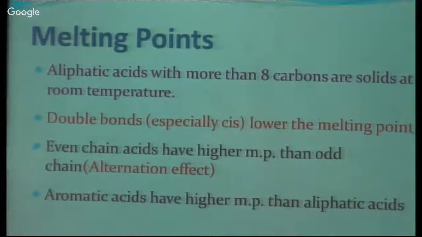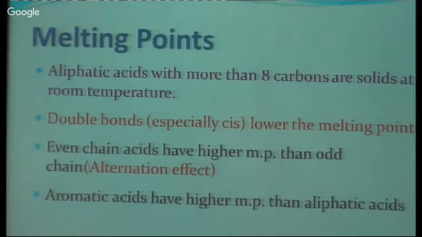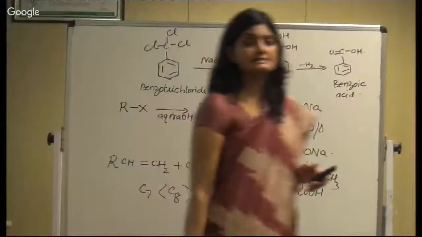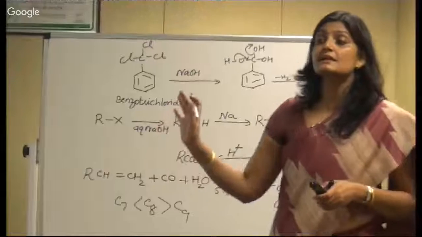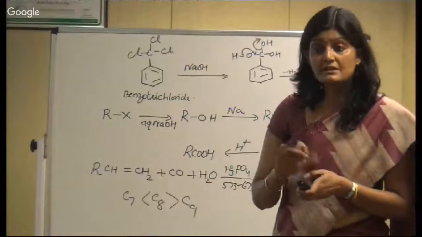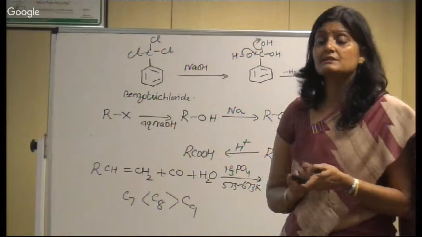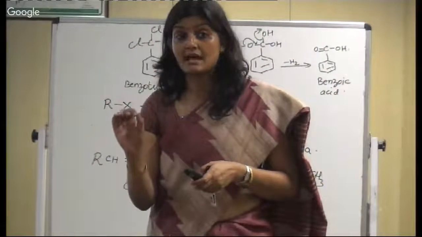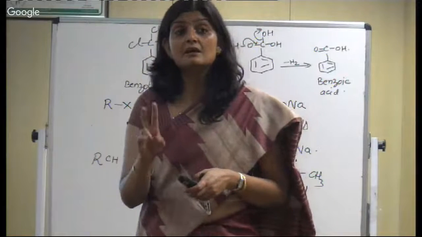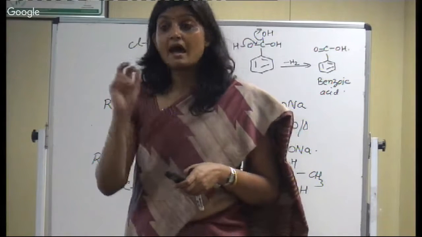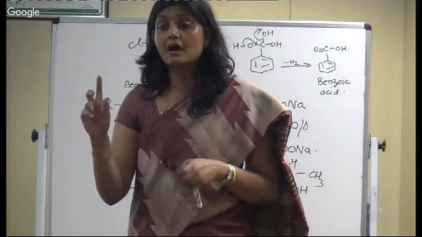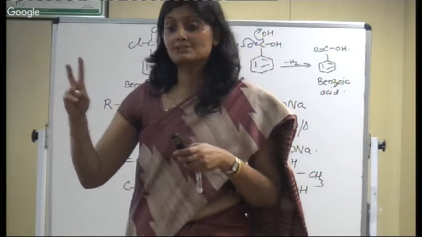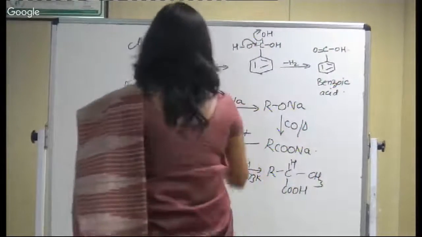That means if I take a C8 acid, it will have melting point higher than both carboxylic acid having C7 or C9 carbons. Now, what is the reason for this? The reason for this is that in case of an even chain carboxylic acid, the terminal methyl and the carboxyl group, they are facing away from each other. I will show you on the board.